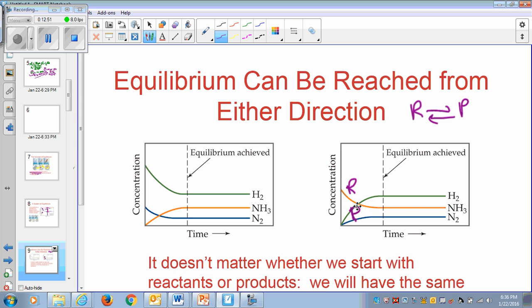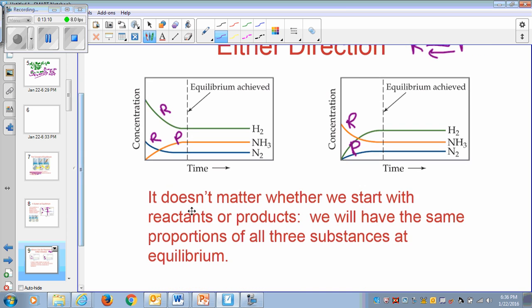The concentration of products increases, reactants decrease, and eventually they reach equilibrium. Or, in the other case, ammonia is the reactant and nitrogen and hydrogen are the products. The product increases, reactants decrease, and eventually they equalize. It doesn't really matter whether we start from the reactants or the product. We will have the same proportion of the three substances at equilibrium.